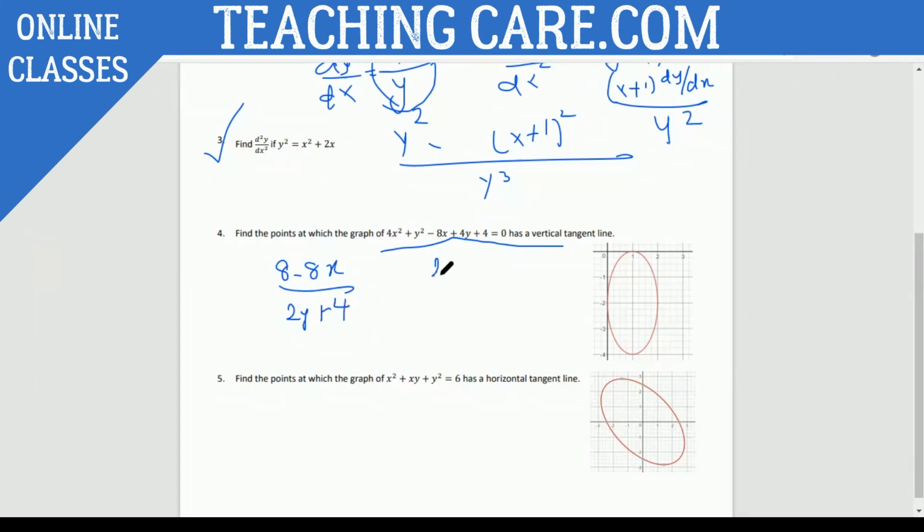For the vertical tangent line, you have to equate the denominator to 0. So from that, you will get the value of your y. I'm getting it to be negative 2. Yep. Substitute it in this equation and get your value of x. That will be the coordinates for you. Just substitute y equal to negative 2 and find the values of x for this.